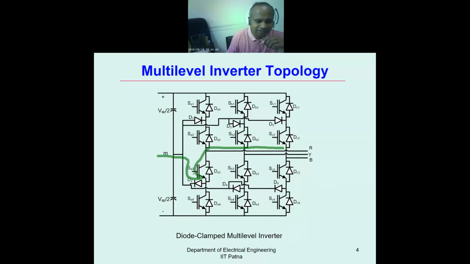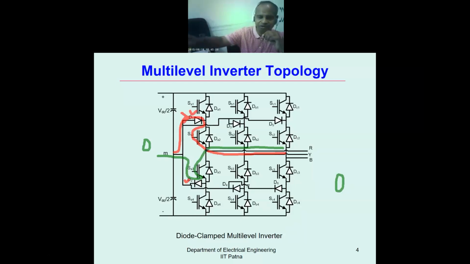When this is clamped, the voltage here is 0, so the Rm voltage will be 0. If the current is positive, the current will flow through D1 to the load. When the current is positive, D1 will conduct. When the current is negative, D2 will conduct.